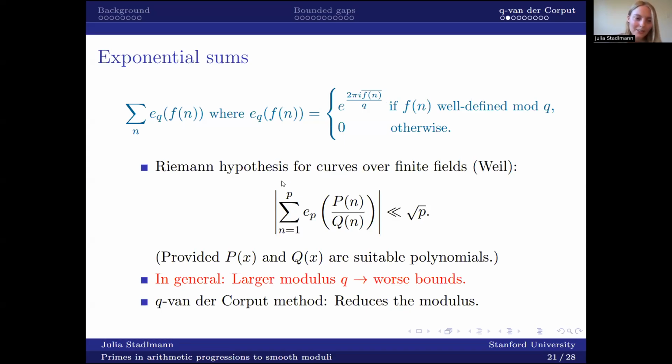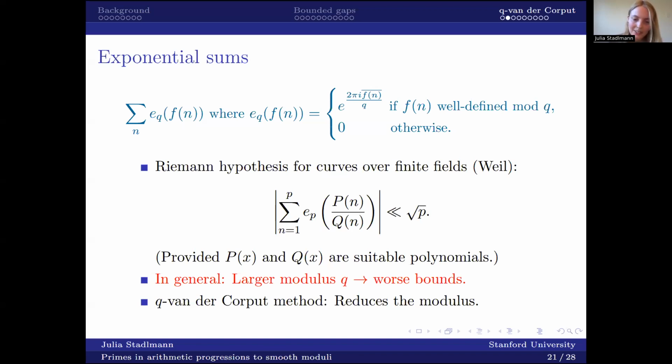There's lots and lots of work out there on bounding exponential sums, which I can't possibly do justice in a few minutes, so I'm not going to try. I'm just going to highlight one famous result of Weil. If we look at complete exponential sums with a modulus p, which is a prime, and the phase P(n) over Q(n), where P and Q are suitable polynomials, then this complete exponential sum is bounded by square root of p.